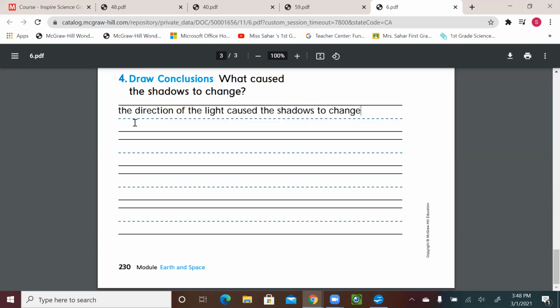All right, so it gets shorter or longer. It depends on the direction of the light. How am I shining the flashlight on the object that I have?